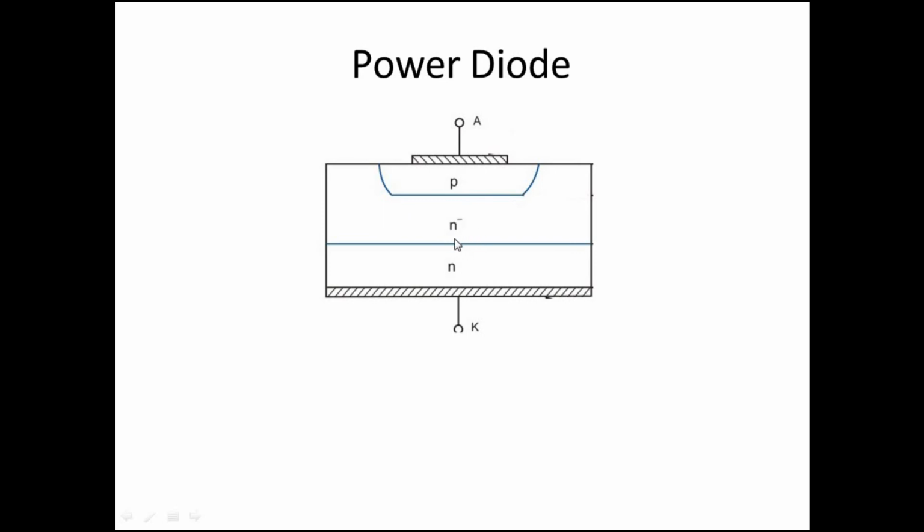Now if you are connecting reverse bias, the space charge region will be this much. Okay, in P region it is highly doped, so it is a very small space charge region, but the N is lightly doped. N minus represents it is lightly doped, so it is having a high diffusion region. Okay, thus we can increase the barrier potential.